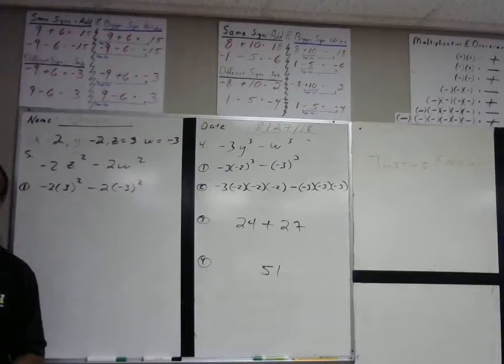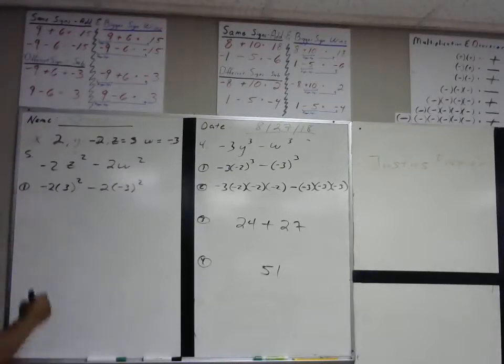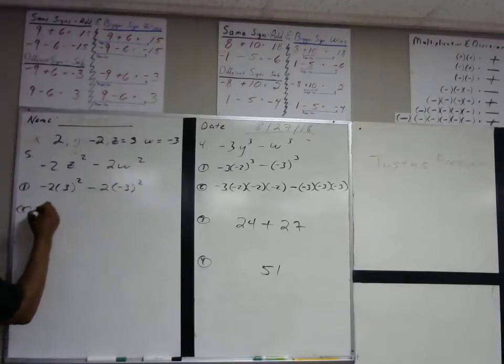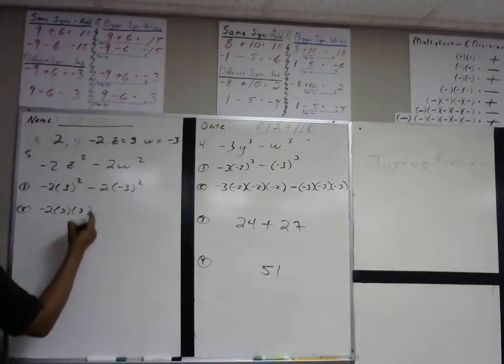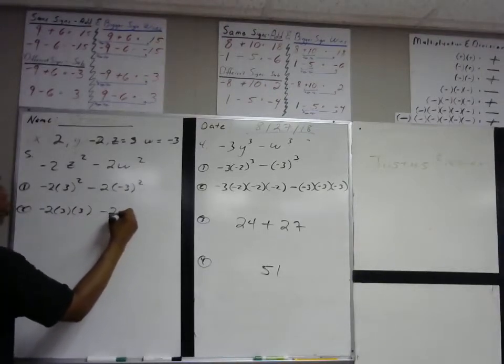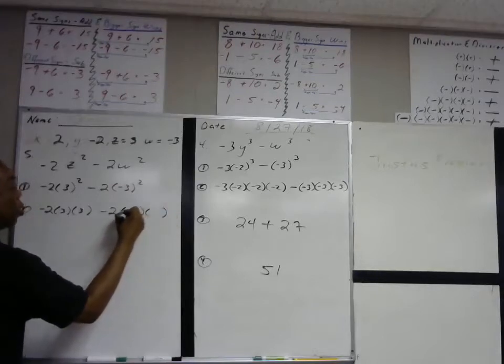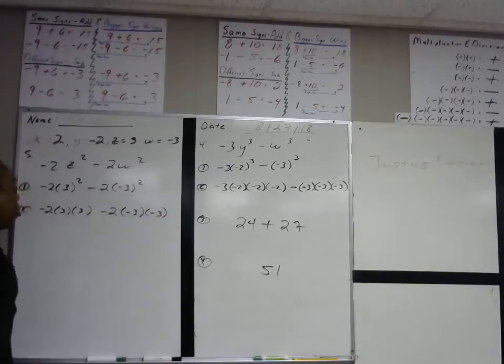Once my substitution is done, we're now going to expand these. The expansion will be negative 2 parentheses with 3's. The next expansion will be negative 2 parentheses with a negative 3. Now this one's not as negative, but let's find out.